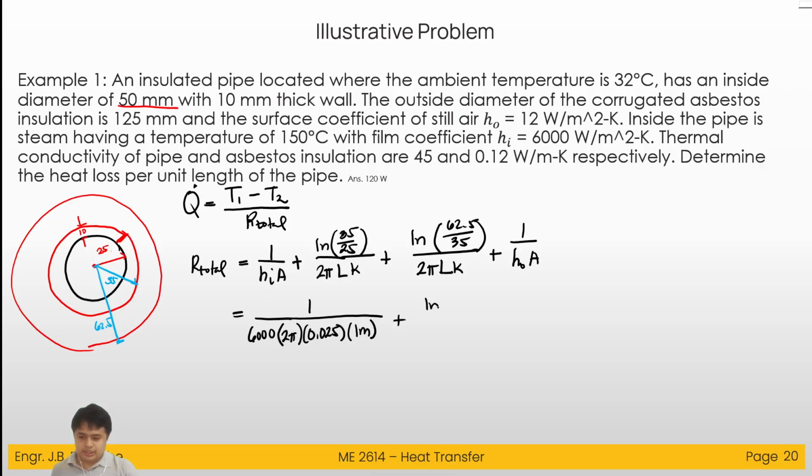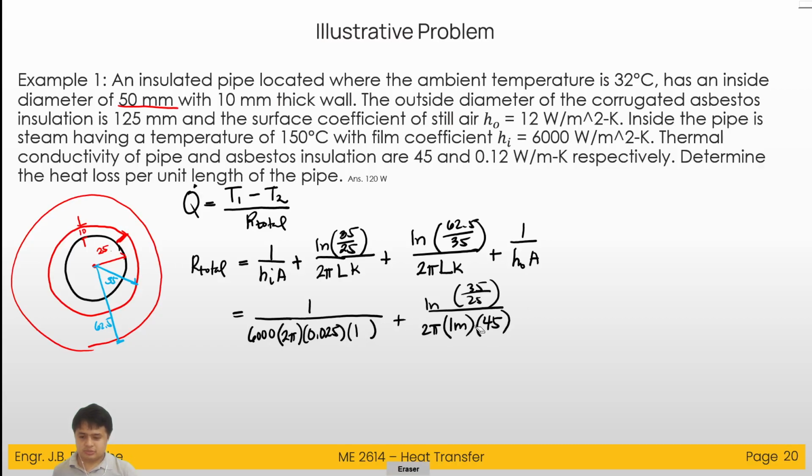Plus ln of 35 over 25, and then we have 2 pi L, and L here is still 1 meter only. And then k is given for the pipe, so 45 watt per meter Kelvin.